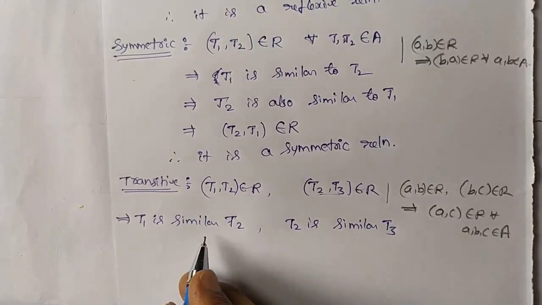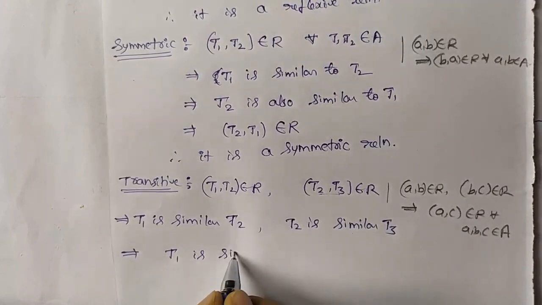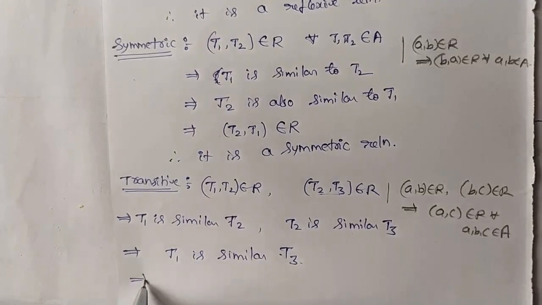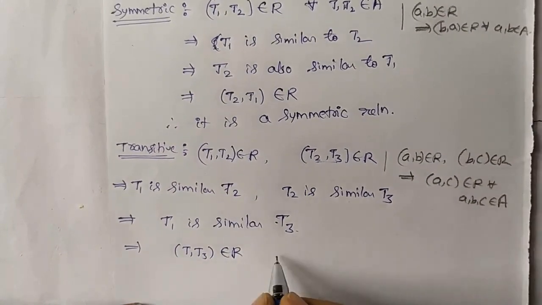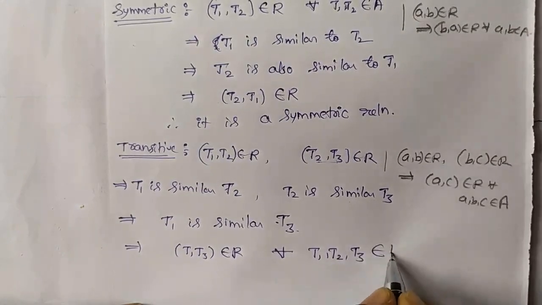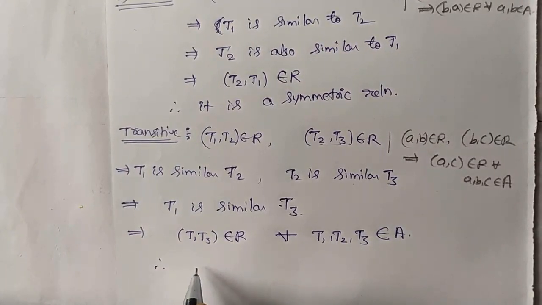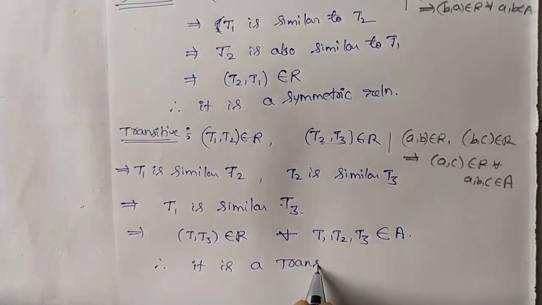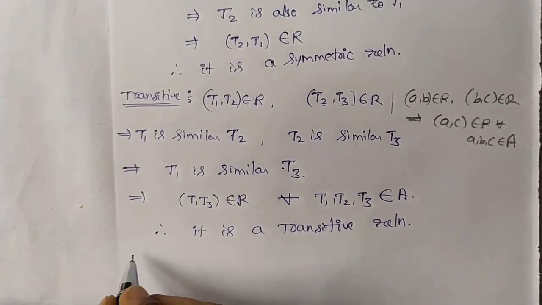If T1 is similar to T2 and T2 is similar to T3, then T1 is similar to T3. That is, (T1, T3) belongs to R for all T1, T2, T3 in the set A. Hence it is a transitive relation. Hence, it is an equivalence relation.